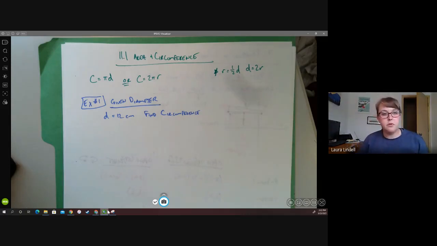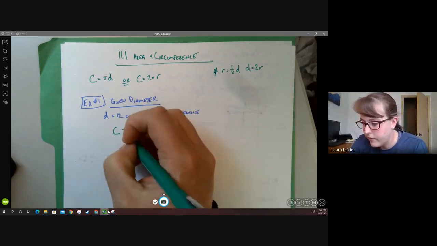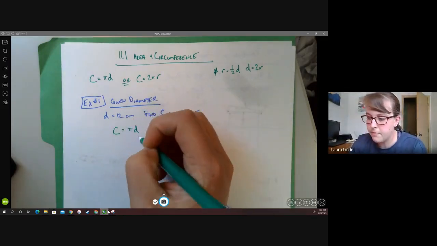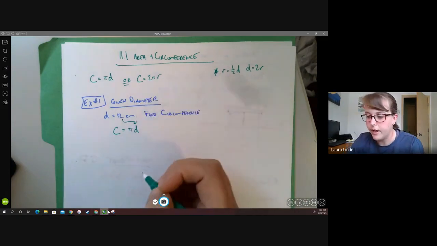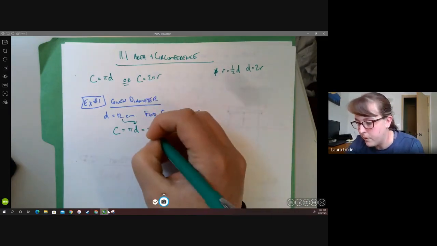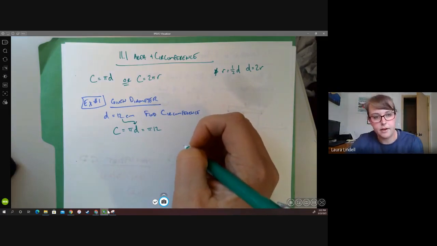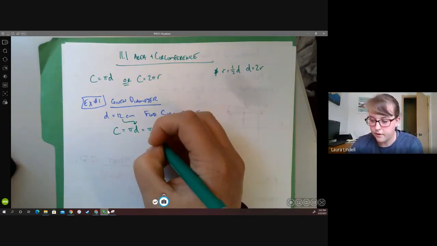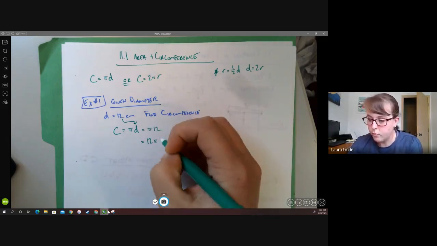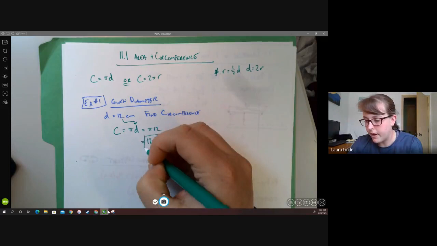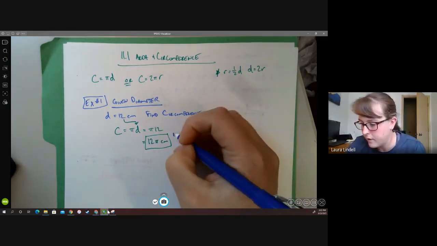So then the first thing we do is we grab our equation that uses diameter. Circumference is pi times diameter. And then we just take the value for diameter that we have and plug it in. So that would be pi times 12. And then the proper way to write the answer if it involves pi is to write it as 12 pi. This is one possible answer, 12 pi centimeters. This is considered exact form.